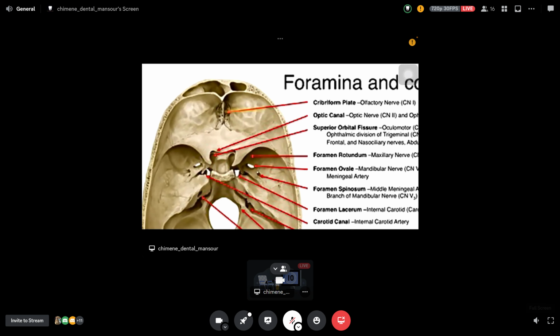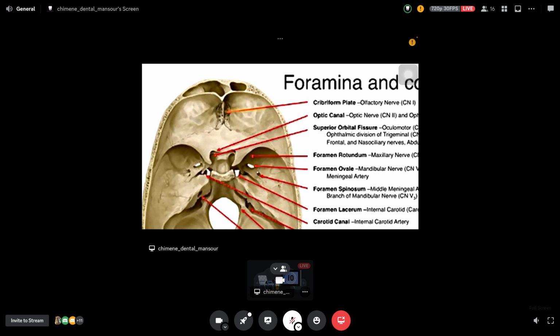You have the basilar part of the occipital bone, the clivus, and please pay attention to the sinuses, the passage of the sinuses. You have the inferior petrosal sinus groove here, between the temporal bone and the lateral basilar part of the occipital bone.